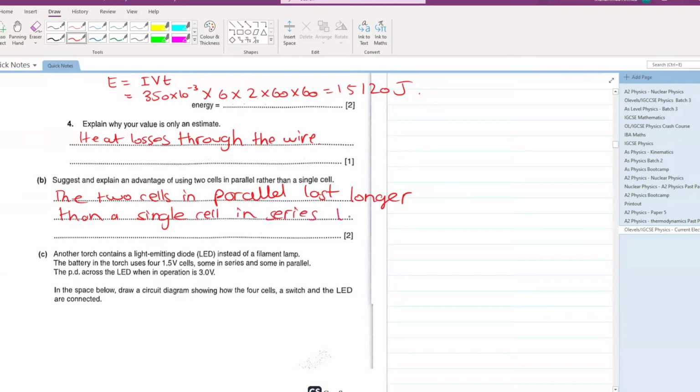Why? Because the parallel cells have a greater energy. Simple. Let's further move ahead.